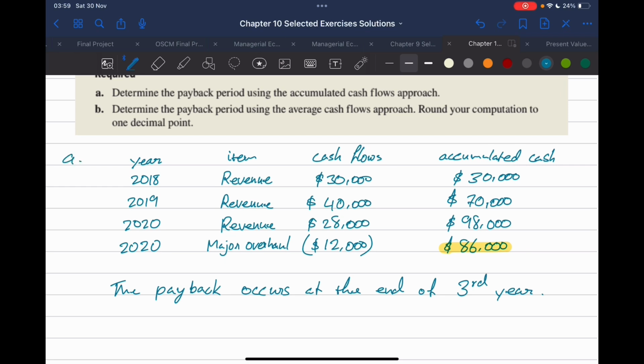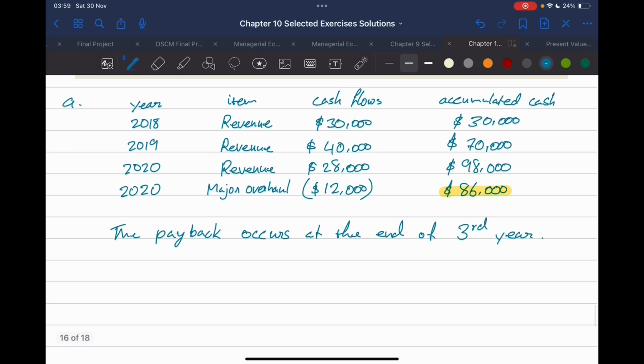Now let's see what Part B wants. It says determine the payback period using the average cash flows approach, which is the second approach that we've learned for the payback method, and round your computation to 1 decimal place. Okay, so let's do that.